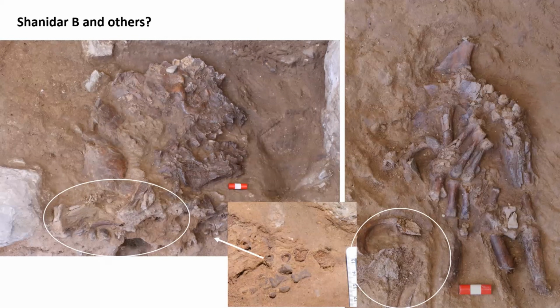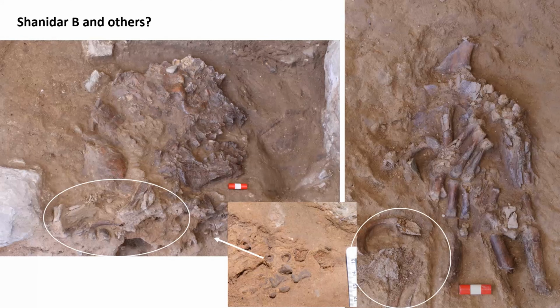Not only that, but as the blocks were cleaned up and the reconstruction done, it seems like there are other individuals apart from Shanidar A there as well. You'll notice here, for example, we've got some ribs. These are left ribs, still in anatomical position, flipped upside down and laying over each other in this conformation.